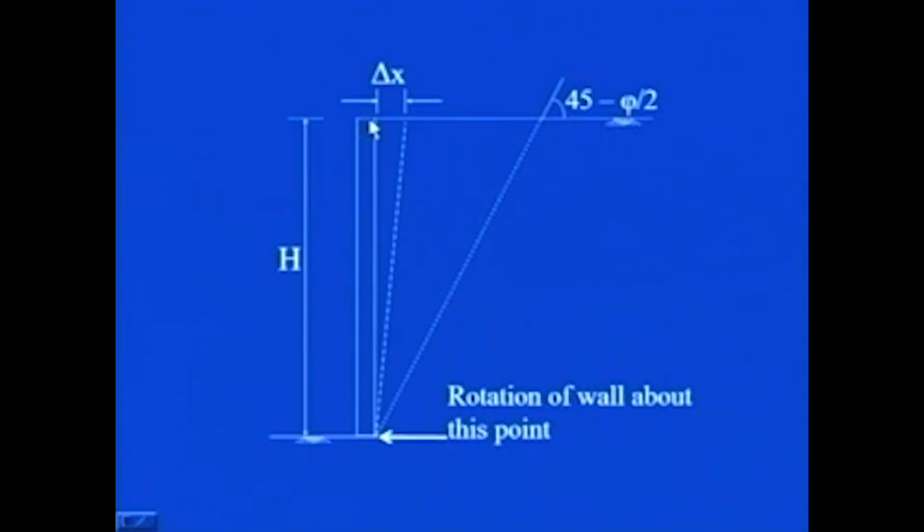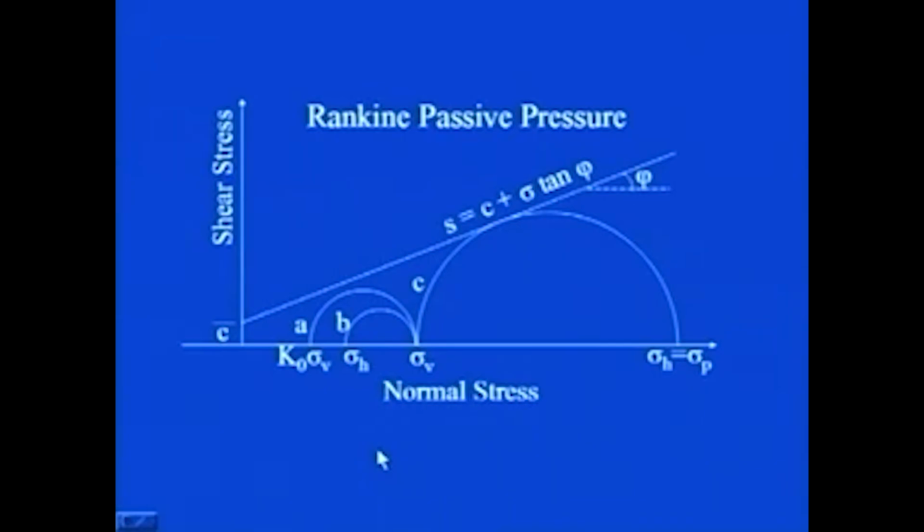You see, in the active case the wall was moving away from the soil, and in this case the wall is moving towards the soil. It is pushing the soil by this delta x amount. Now, we are assuming that the rotation of the wall is taking place about this particular point. The vertical height of the wall has been considered to be h.